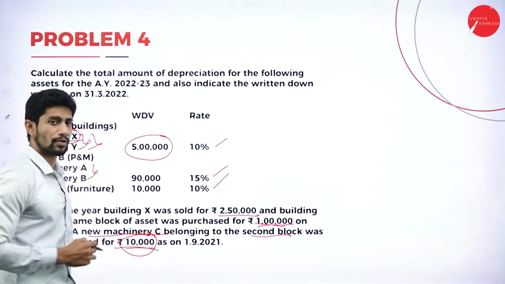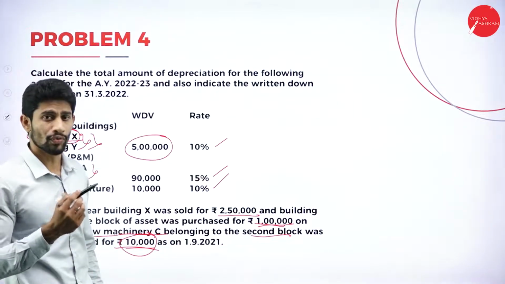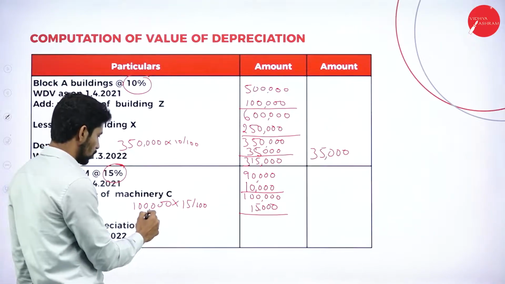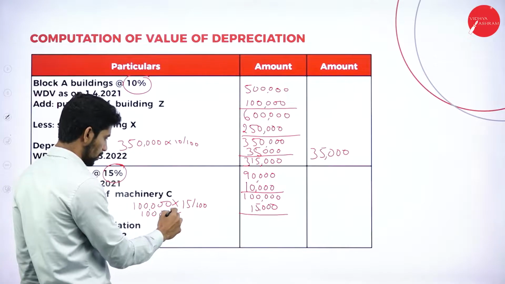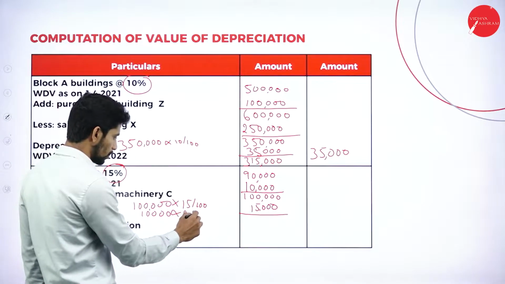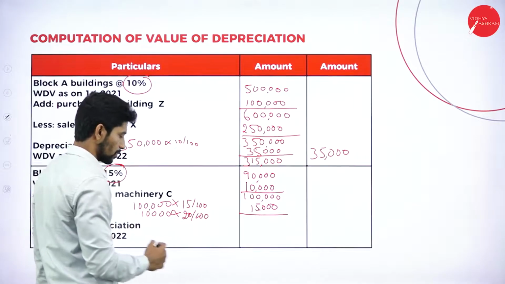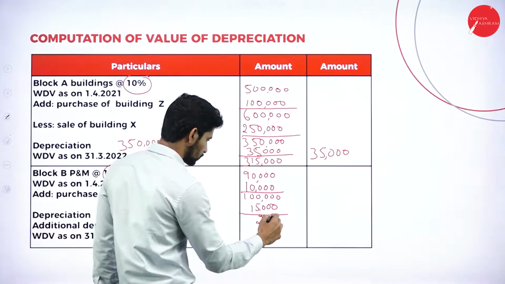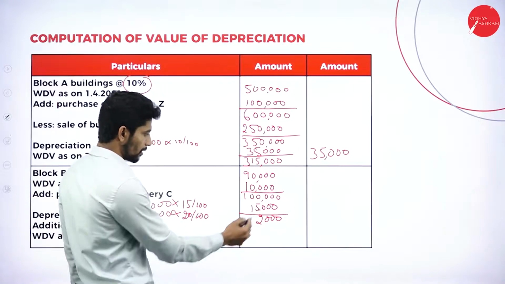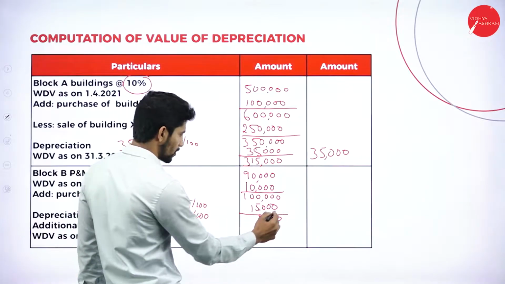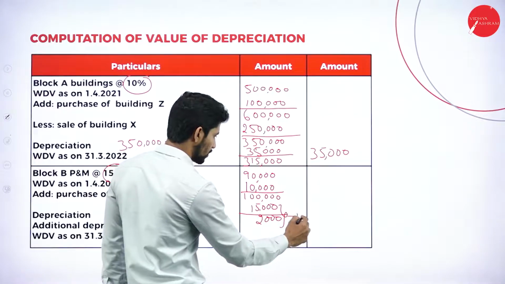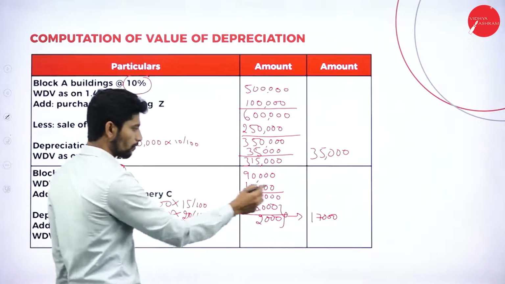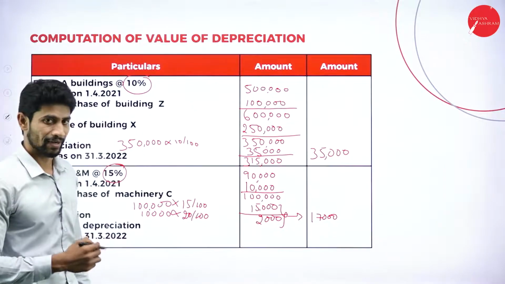So now calculate 20% additional depreciation on rupees 10,000. So how much you will get? Rupees 2,000. So altogether 15,000 plus 2,000, how much we will get? Rupees 17,000. So now the value of depreciation is 17,000.